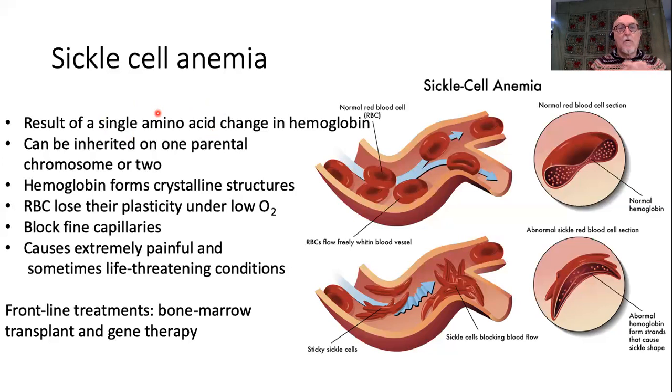Now, normally, as we've said before, hemoglobin picks up oxygen in an oxygen-rich environment, and it will carry it as long as it's in an oxygen-rich environment. When it gets to an oxygen-poor environment, it releases it. It does that by actually changing shape, believe it or not. When it absorbs oxygen, it adopts one shape.